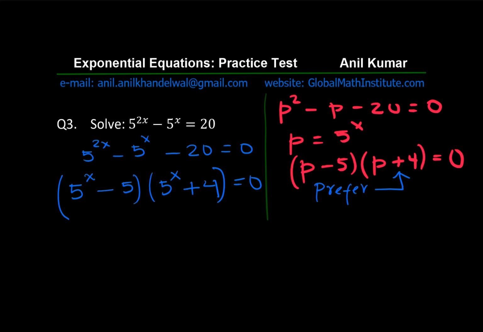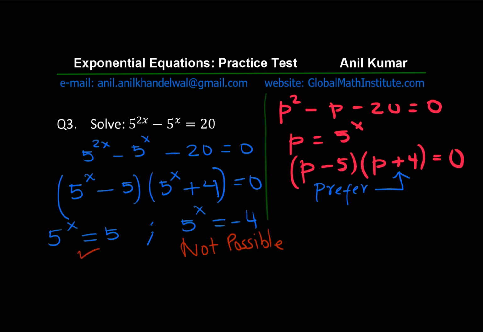So now we have two conditions here. In one, we are saying that 5 to the power of x is equal to 5, then this will be 0. The other one we are saying is 5 to the power of x is equal to minus 4. Only then that will be 0. As you can clearly see, exponential functions are always positive, so that is not possible, and therefore we'll reject that solution.